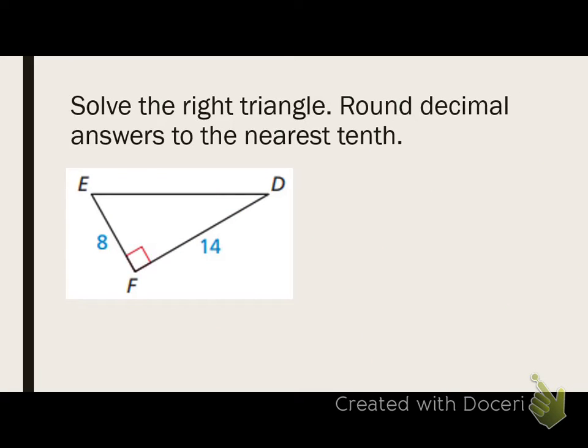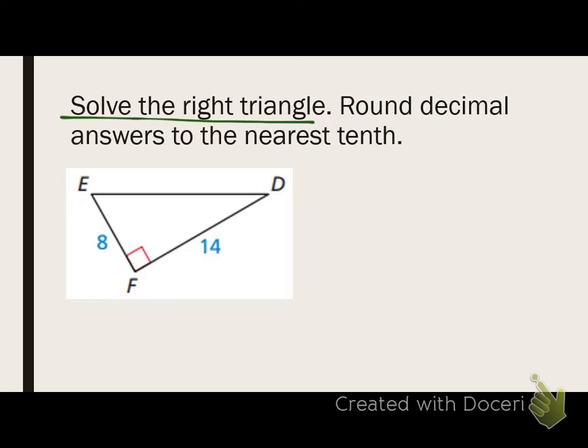Then we're going to solve something like this. Go ahead and write solve the right triangle and draw our triangle. When it says solve the right triangle, what is it telling me to do?